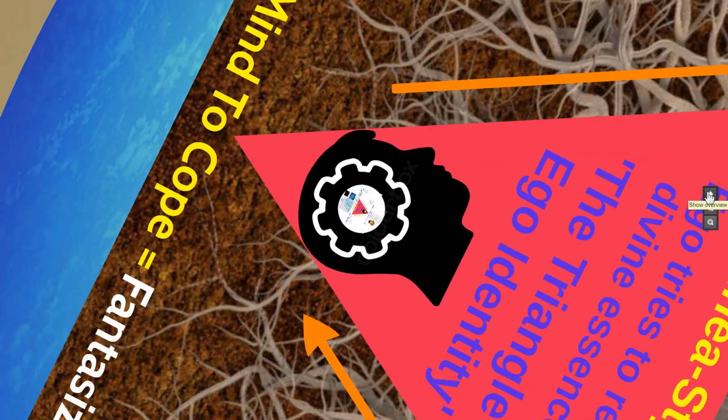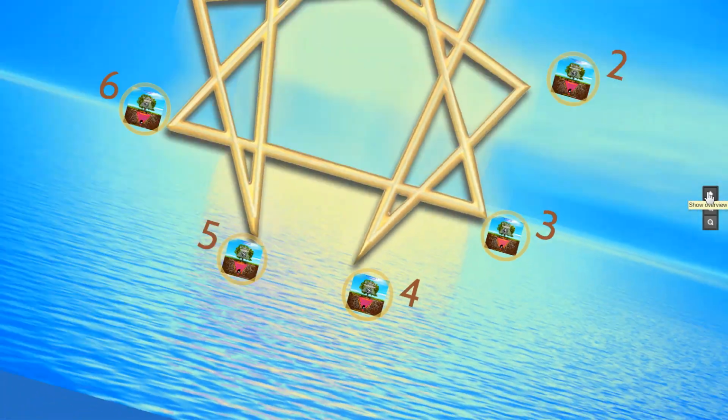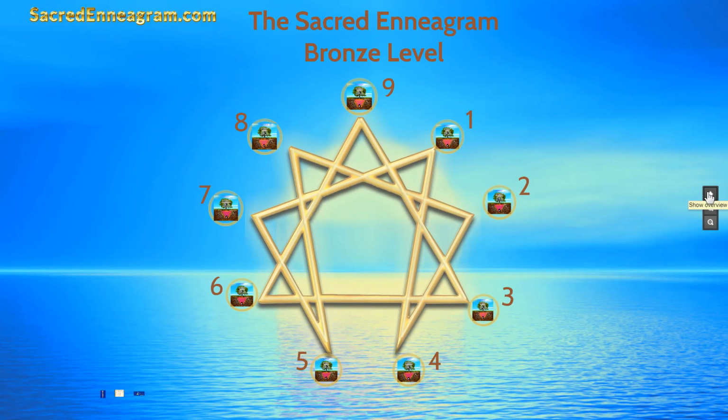So zooming back out, more attributes of this sacred Enneagram bronze level map are the methods or the processes to get out of the triangle of ego identity.